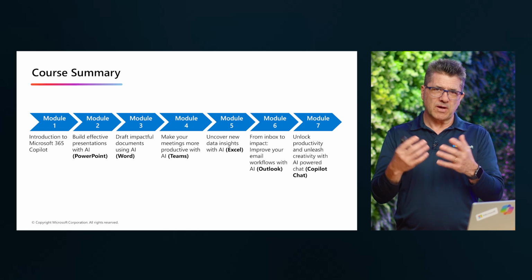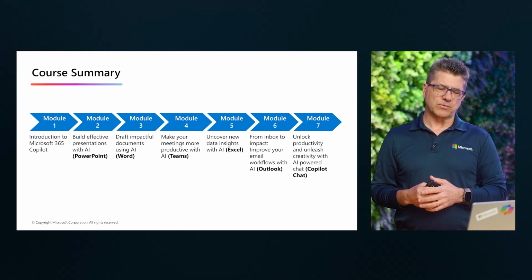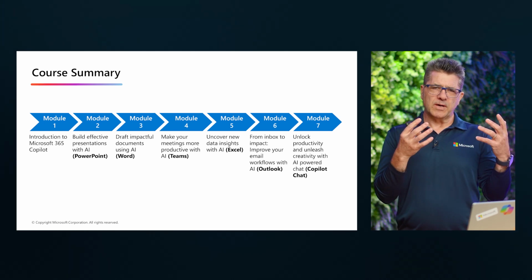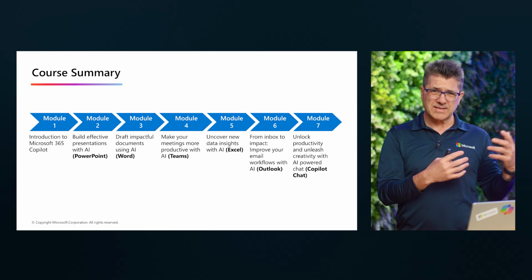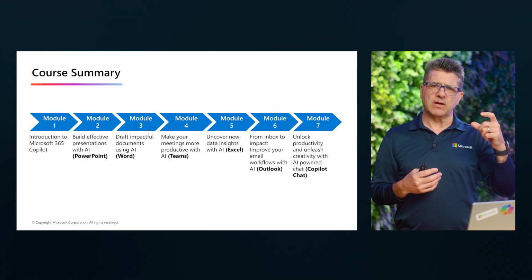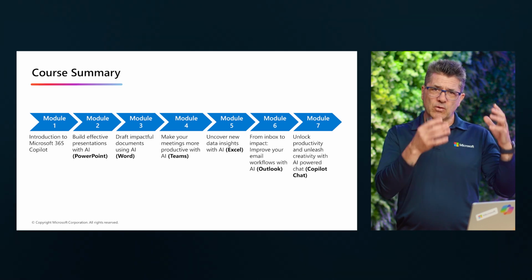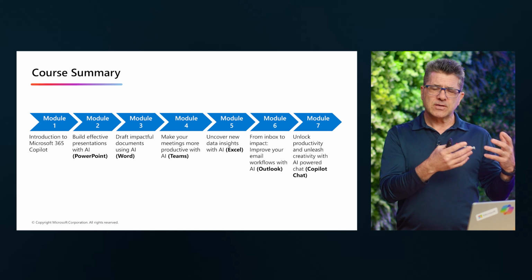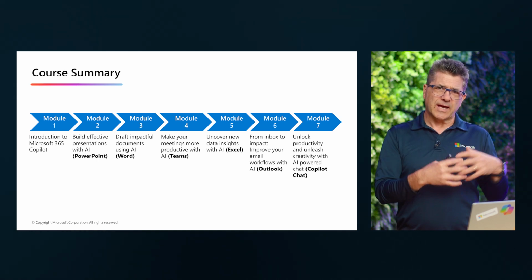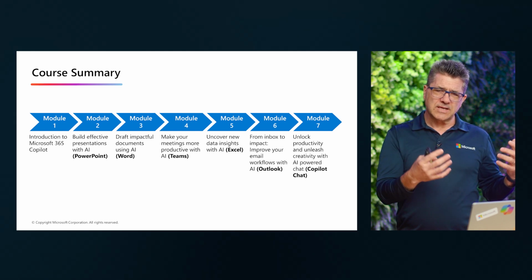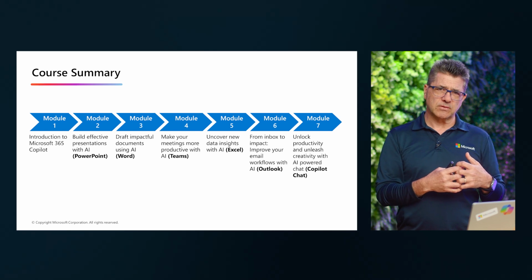Then we went to module number 3, where we talked not about PowerPoint, but about the power of Copilot in Microsoft Word. As soon as I open up Word, I have the option of summarizing the document, so I don't need to try to figure out what is this document. I can have a summary created for me immediately right up front. With that, I can go through the document, I can add context to a particular section, I can further summarize, I can change the tone, I can create tables, I can verify the content, I can bring additional content into context.